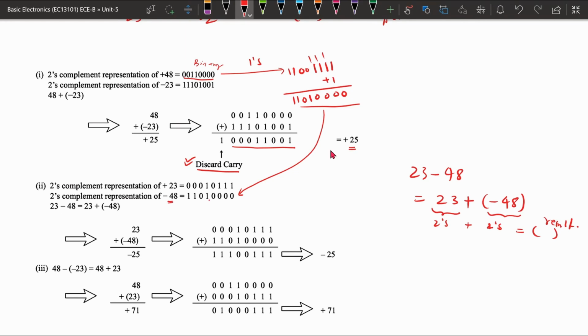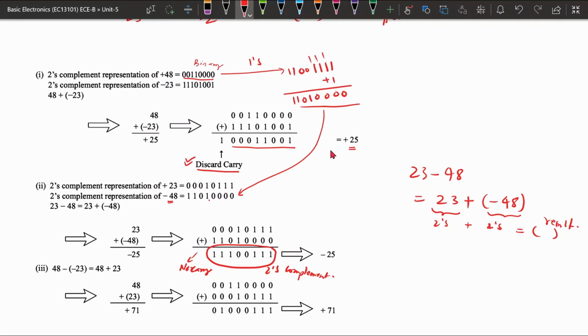So minus 48 is added to 23. If we add it, we can get the result. We can just add it and we can see there is no carry. If there is no carry, that means whatever the number is, it is in 2's complement.